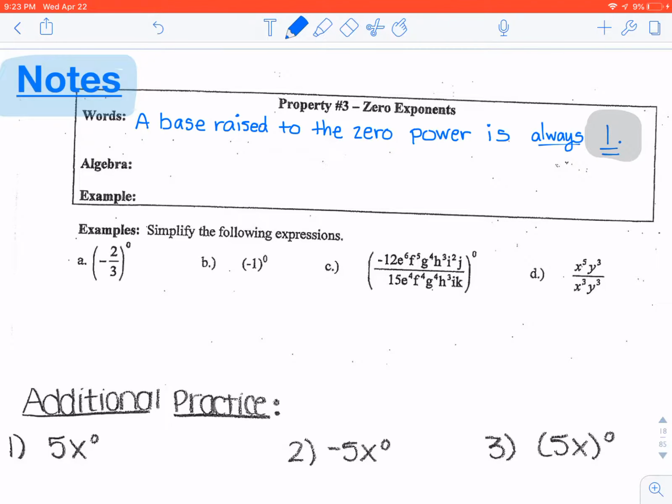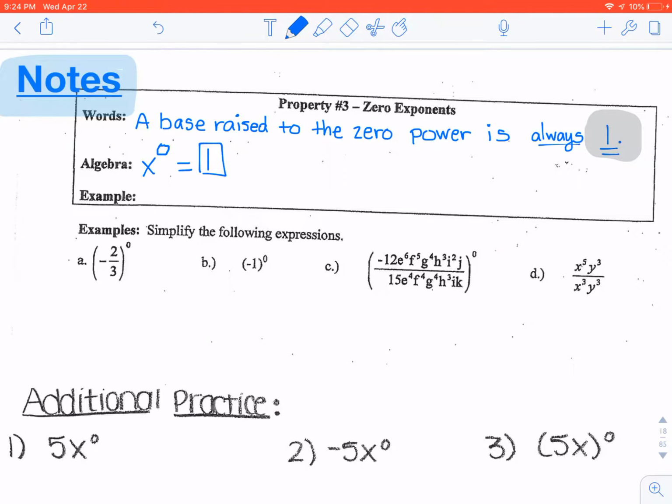Okay, so an example using algebra. If you have something such as x to the 0 power, again, that's an example of the entire base of x raised to the 0 power. The whole term is equal to 1.